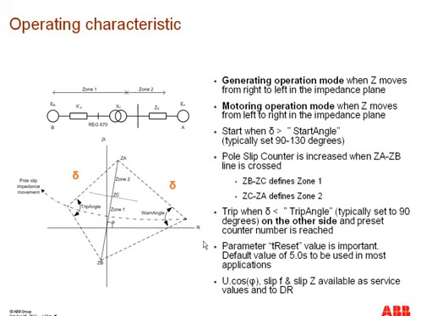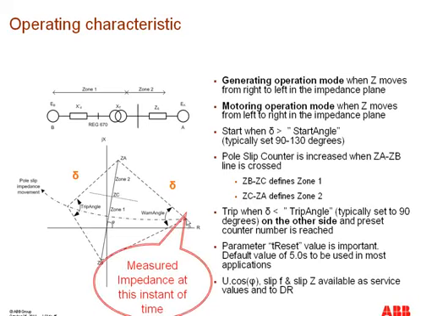Now, as you can see, if the generator is faster than the system, then the locus of the impedance will move from right to left, and if it is slower, then it will be moving from left to right. An alarm is given out when the rotor angle is more than that of the warning angle.